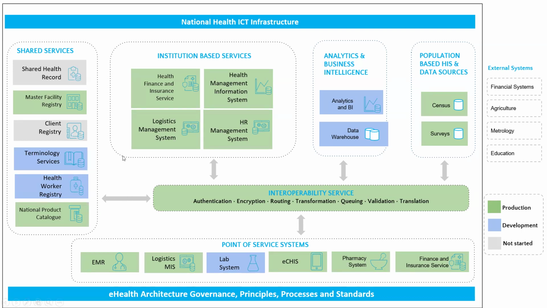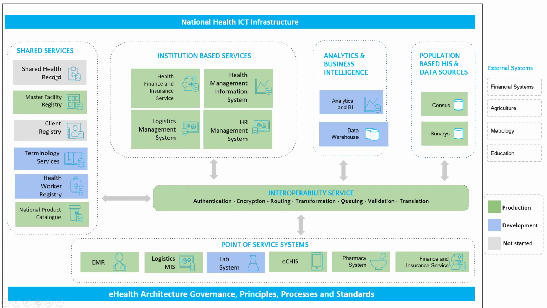For example, we have the national health ICT infrastructure, which we call HealthNet. Every facility in Ethiopia is connected with this HealthNet, whether in rural areas, urban areas, or cities. At the bottom we have the health architecture governance, principles, processes, and standards. With this in mind, the whole health system is aligned with the health architecture.